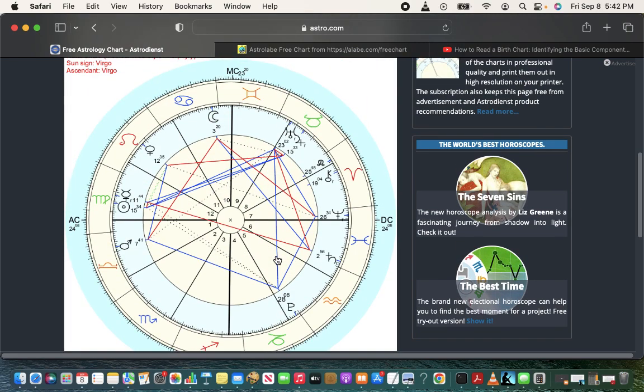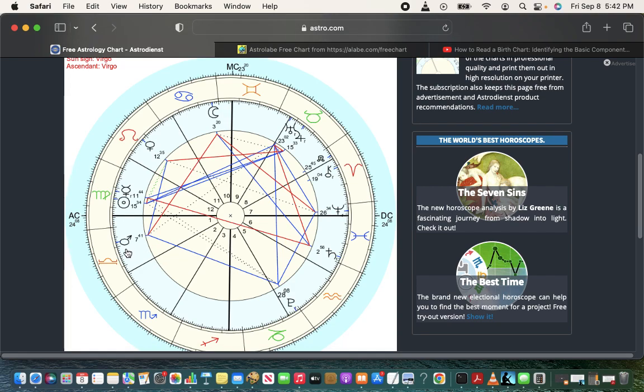Now, in order to read this chart, you're first going to want to become familiar with the meanings of all these terms: houses, signs, planets, aspects, midheaven, ascendant.